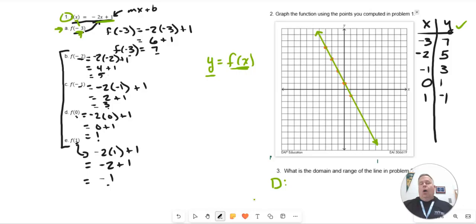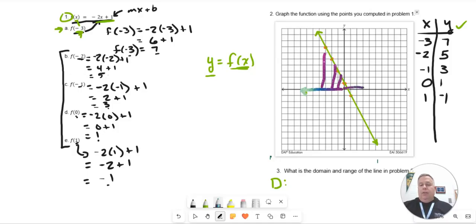The domain stands for all x values that I can put into the function. So as I go along the x-axis in both directions, I'm going to change colors on that just so we don't confuse ourselves. I'll put my magic color on here, going this way. As I go that way on x, I'm always going to get myself a y value on the line. And I know I'm crooked, sorry about that.